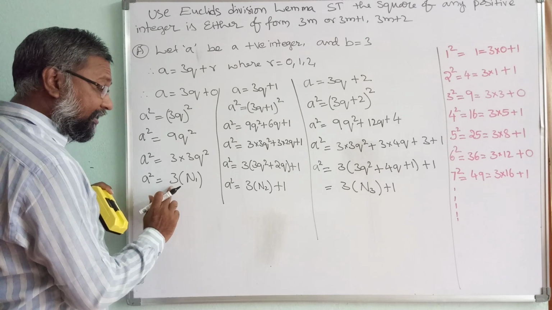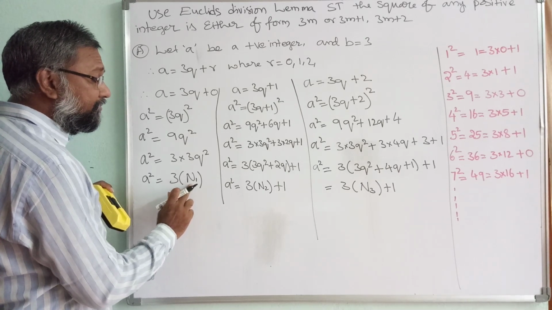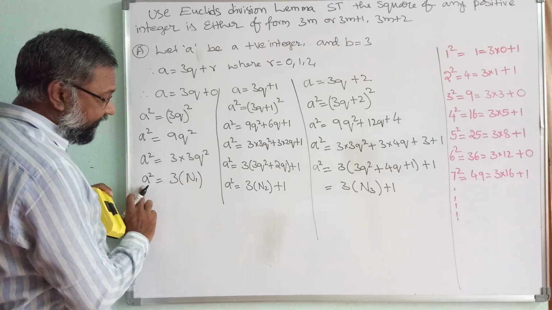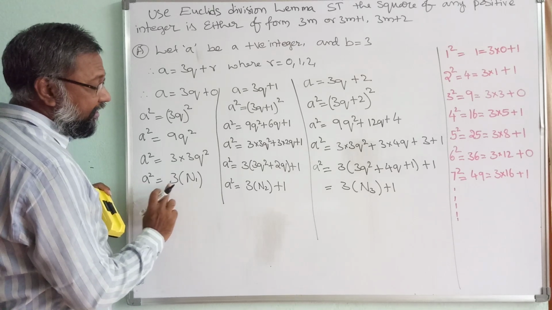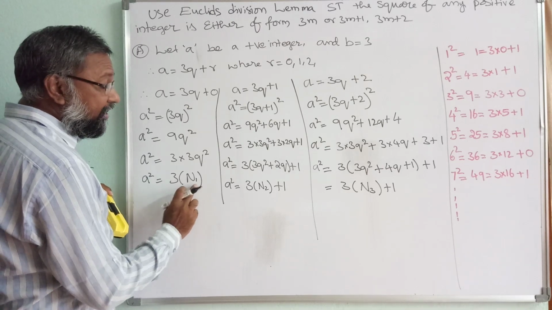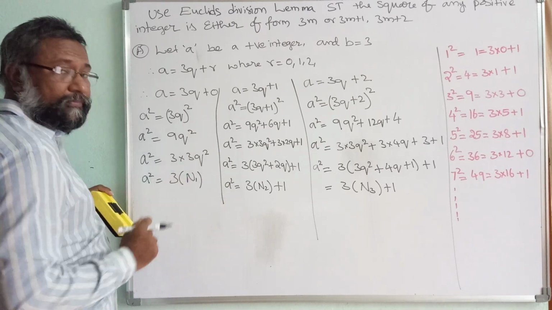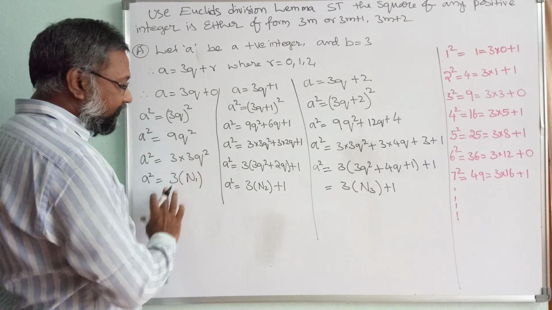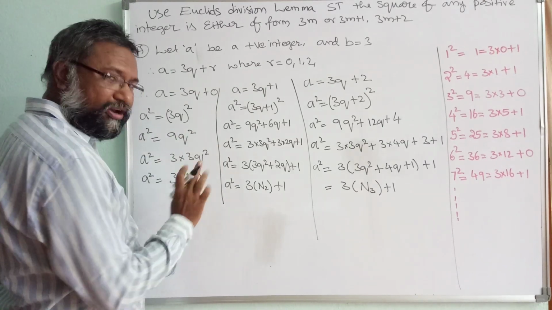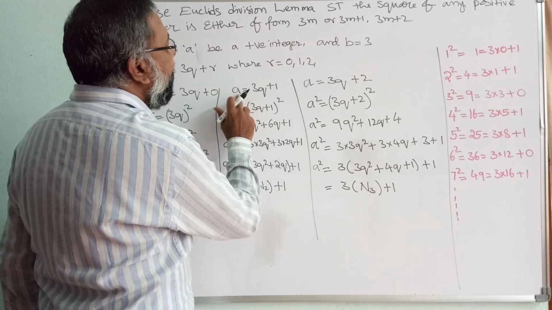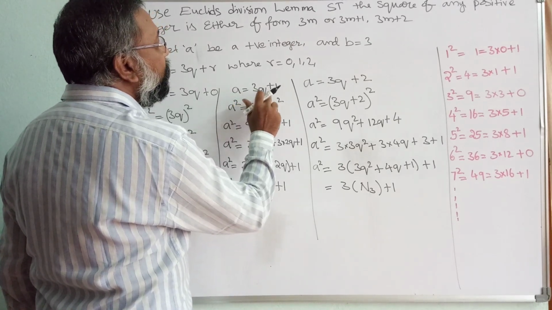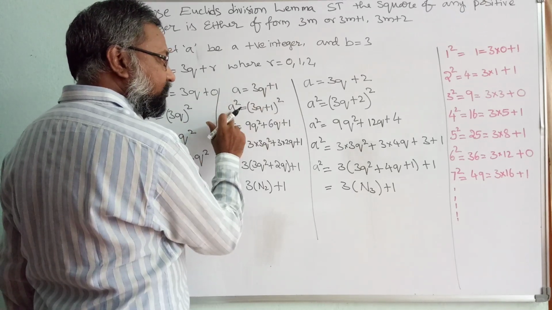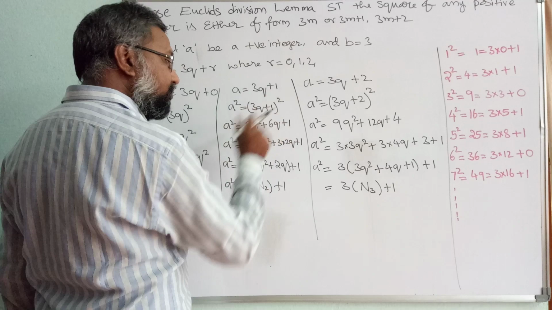If you square it and multiply, you will get a number. So I can write that as some variable n1. Therefore a square can be written as 3 of a number, that means 3n form. Now a is equal to 3q plus 1. Square on both sides: a square is equal to 3q plus 1 whole square.